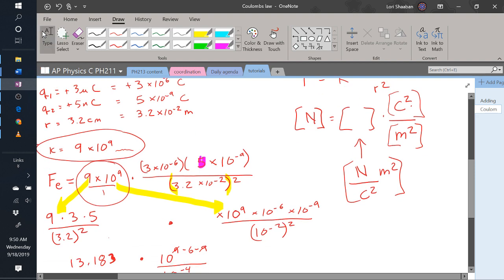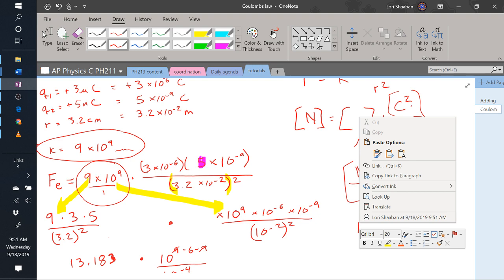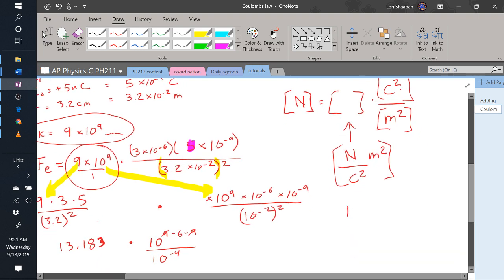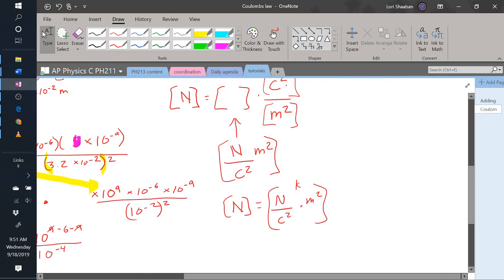And you say, what? How do you know that? Well, let's take a look. You can do it two ways. I'm going to go ahead and plug it in. Here's my K. Here's my coulombs squared divided by meters squared.